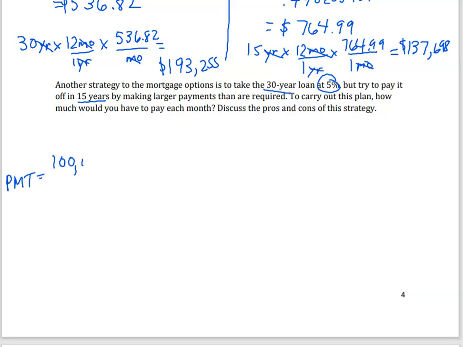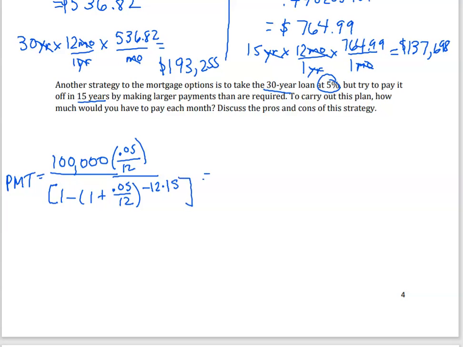It's going to be $100,000 times 0.05 divided by 12. Still making monthly payments. 0.05 divided by 12, but this time we're going to multiply it times 15 years.